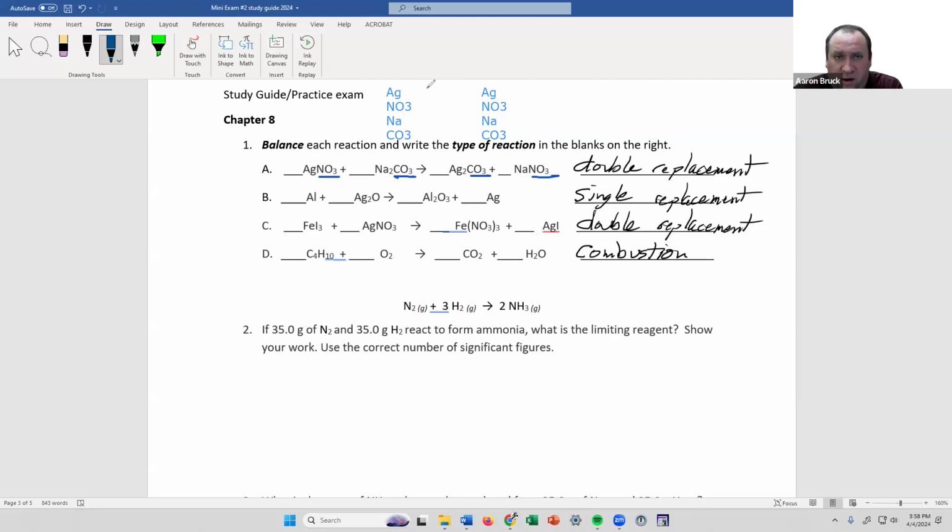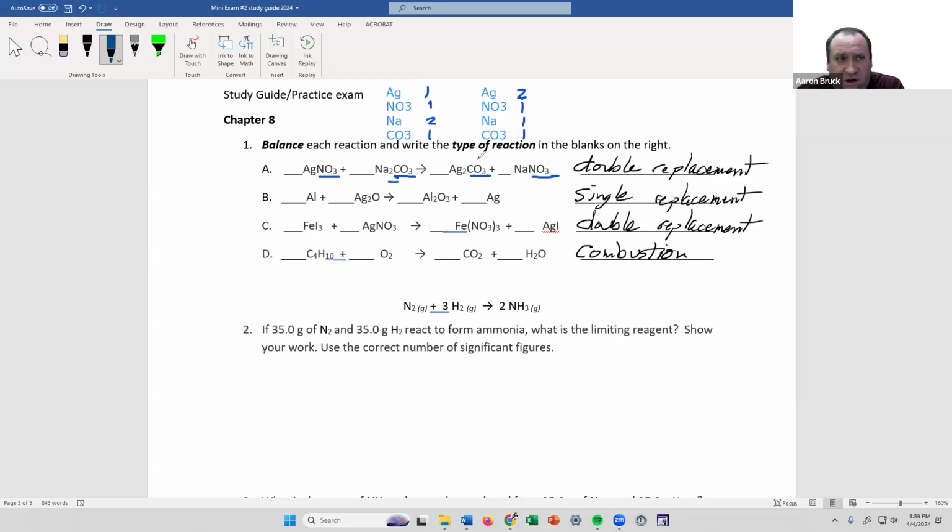Just working it out, I have one silver here and two over here. I've got one nitrate here and one over here. I've got two sodiums over here and only one over here. And I've got one carbonate on each side. So my silver is out of balance, my sodium is out of balance. I pick one, it's going to affect the other.